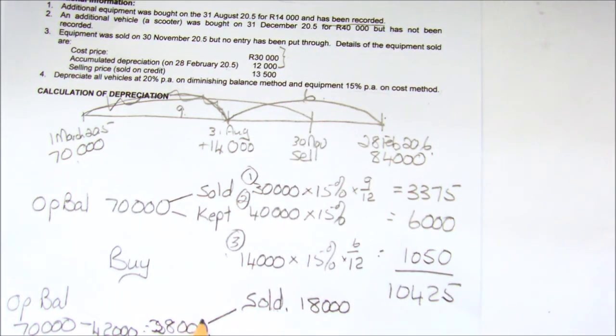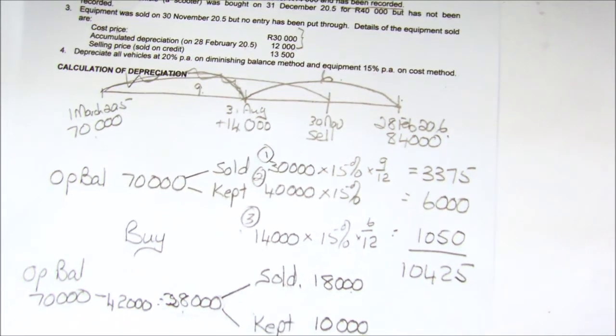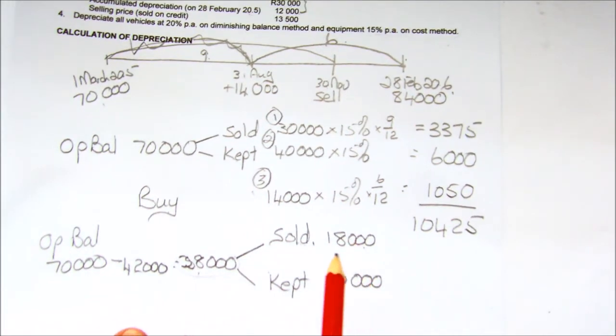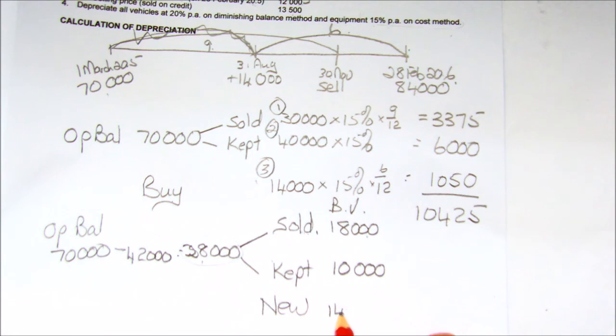Now, you've only got an amount of 28,000 here. 18,000 is on the one that we've sold, and that means that the one that I've kept is 10,000. That's the book value. Remember, I'm working with book values here. And then the new one that I bought, obviously this has never been depreciated, so that makes no difference.